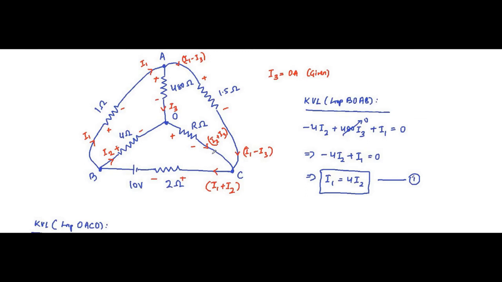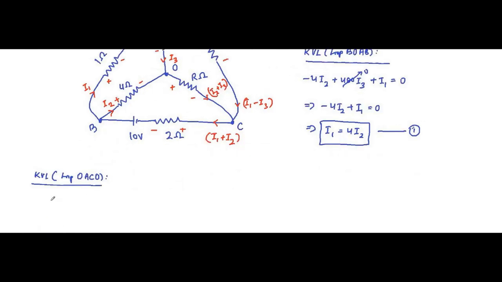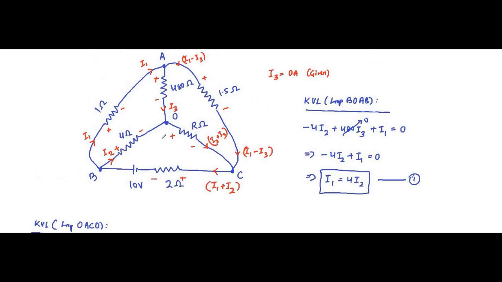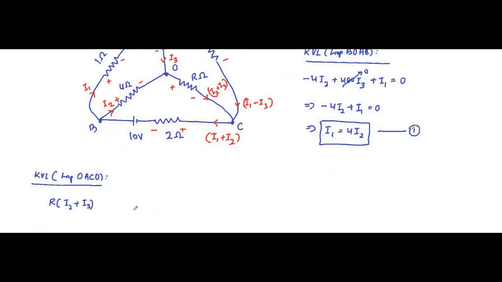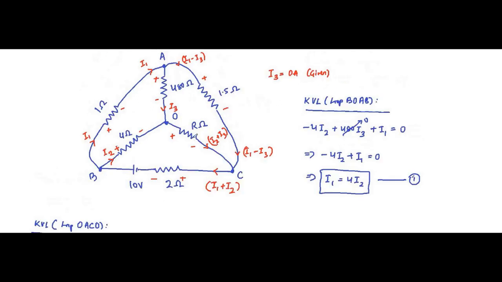It will be plus R into (I2 plus I3), then plus 480 I3. Why am I putting the plus sign? Because we are moving from minus to plus.